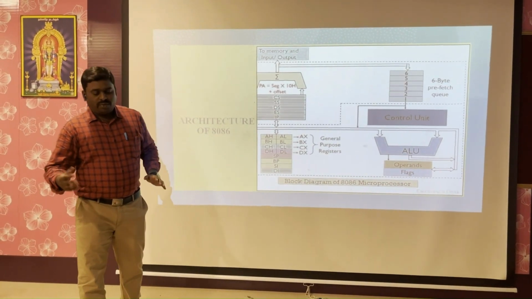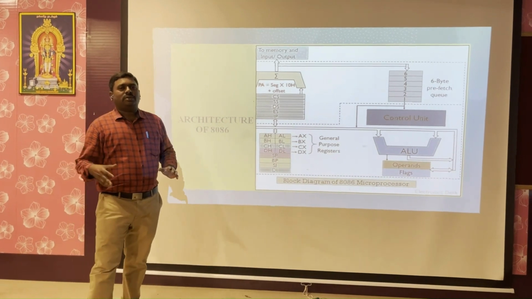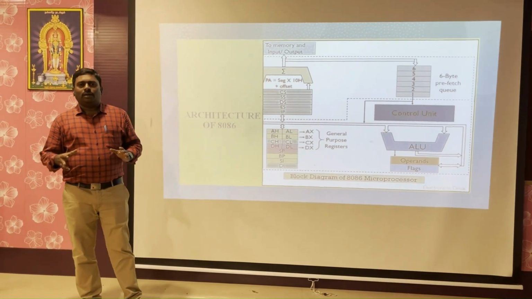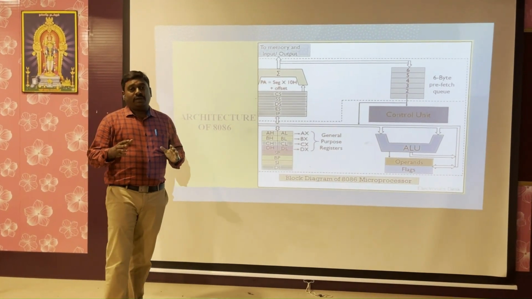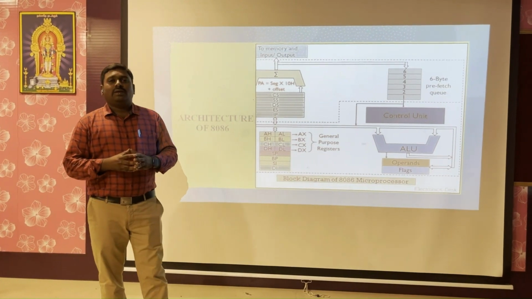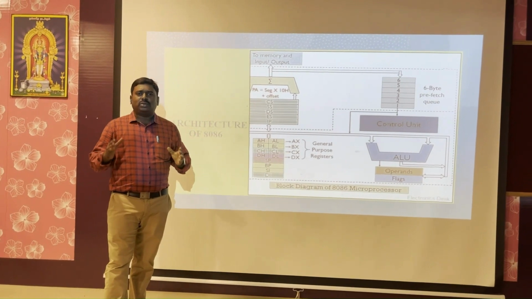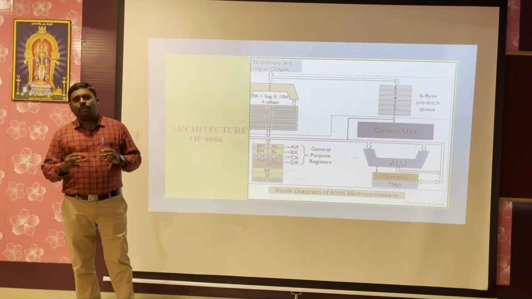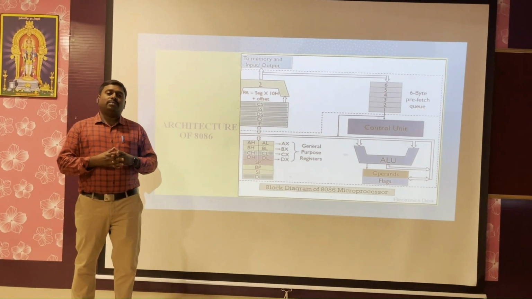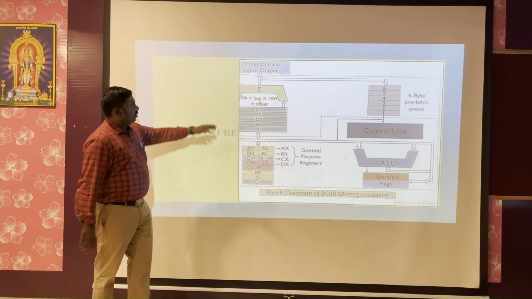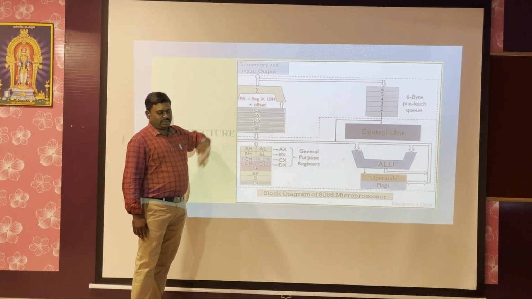Now, before going to the bus interface unit and execution unit, we should know how the architecture of the 8086 microprocessor gets the input, how it executes the instructions, and how it communicates with other peripherals. Yes, we have the memory interface.